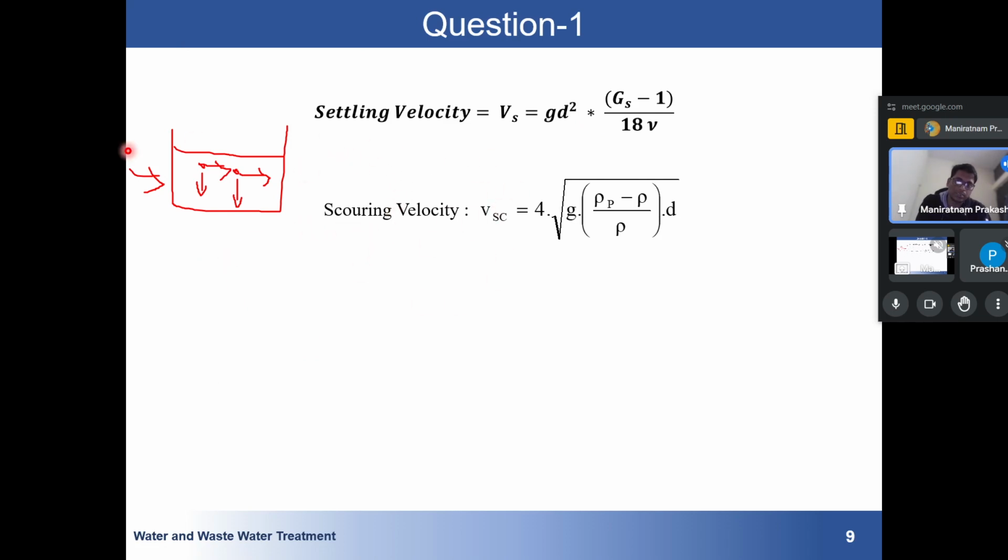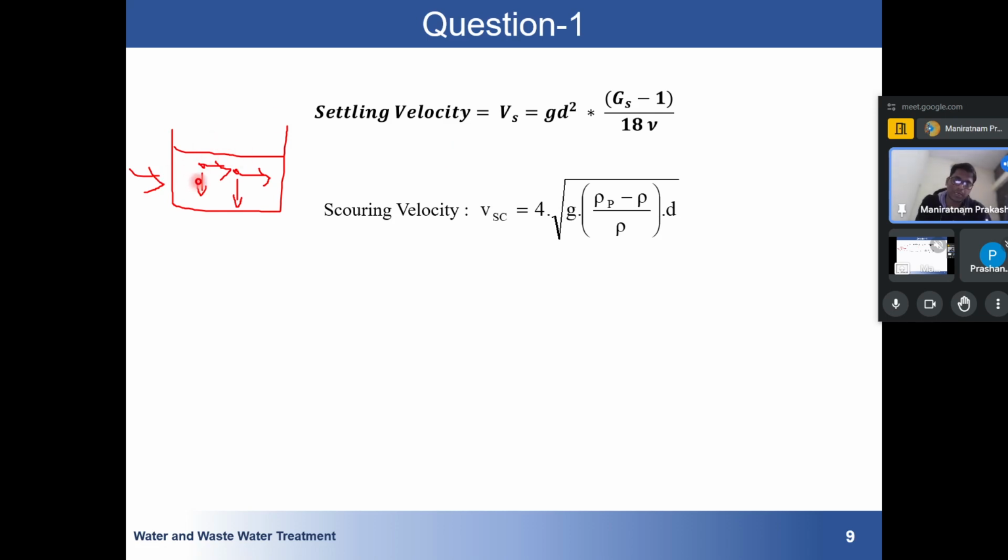When we design this tank, this PST that you have already studied in your lectures, the major role is played by Vs and Vsc. We want to maintain them in such a way that all the particles settle down properly and do not go outside this tank.